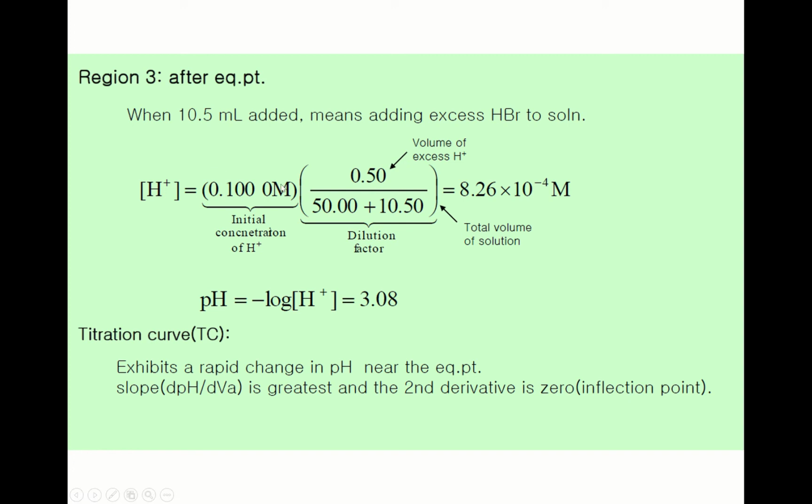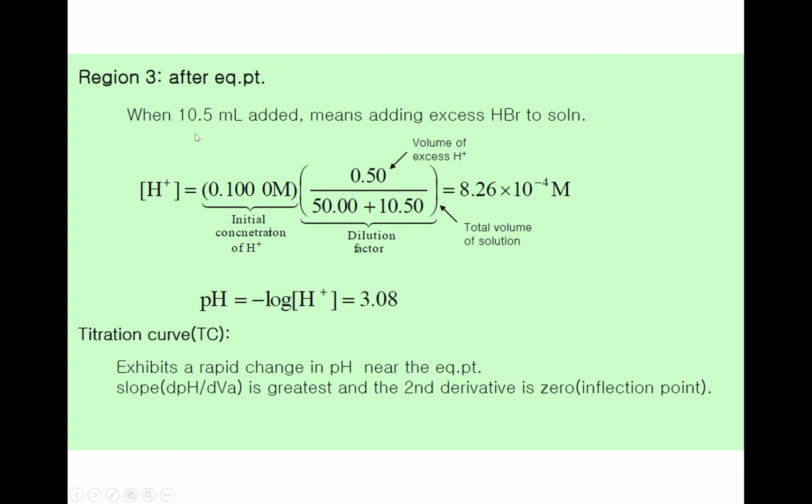So you multiply 0.5 times this concentration, and since the volume increased, the initial volume was 50 ml and now you added 10.5 ml, so the total volume is 50 plus 10.5, which is 60.5. Then you get a proton concentration of 8.26 times 10 to the minus 4 molar. So pH is 3.08. Wow.